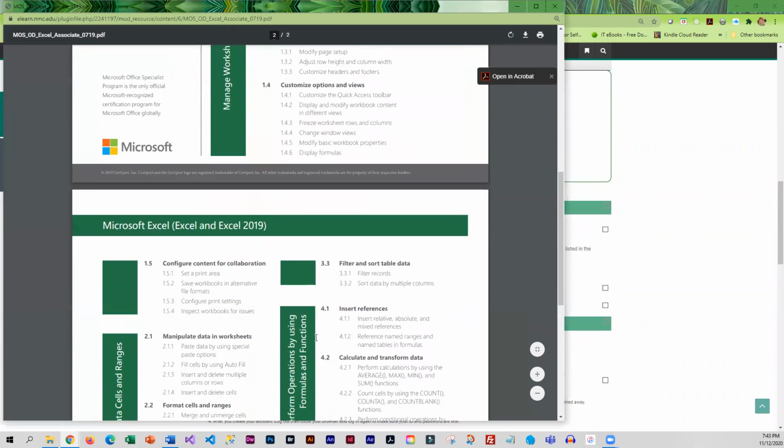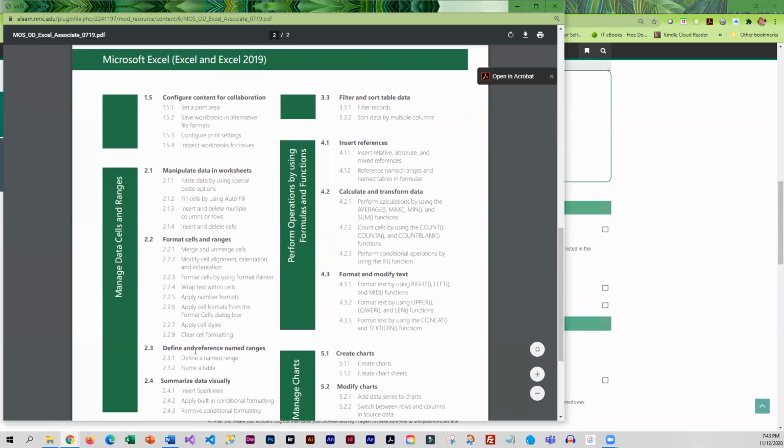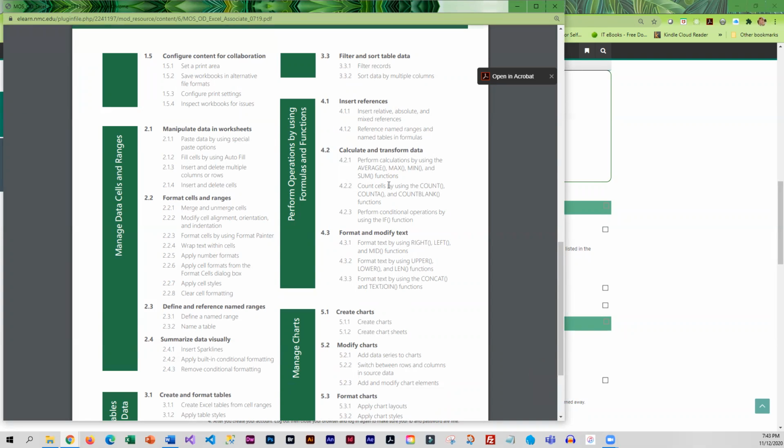So make sure you read through all of this because you will see exam questions in every single area. And I know because I write exam questions for Certaport and I worked on this test. So I can tell you that you are going to see questions asking you to do all of these things.